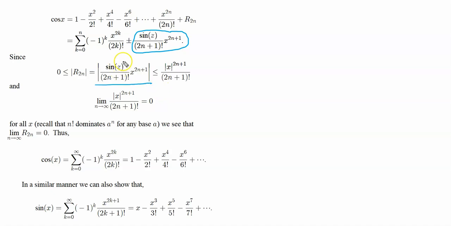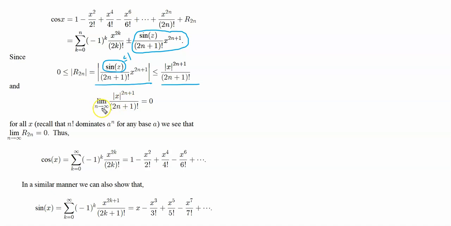Notice that the absolute value of sine is always less than or equal to 1, right? The sine never gets any bigger than 1. So we can basically just get rid of it, replace it with a 1, and we end up with this.